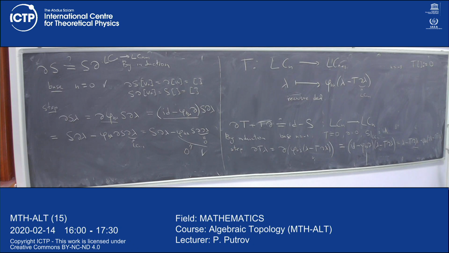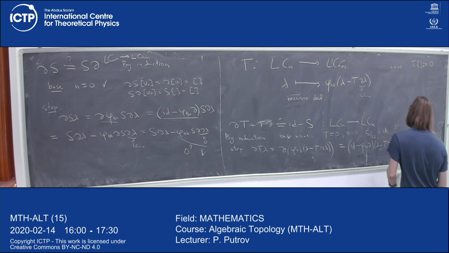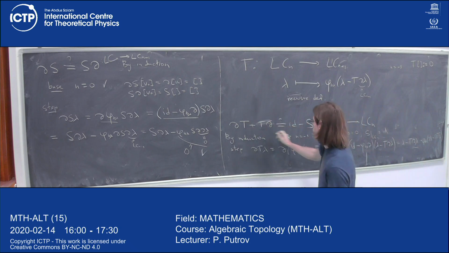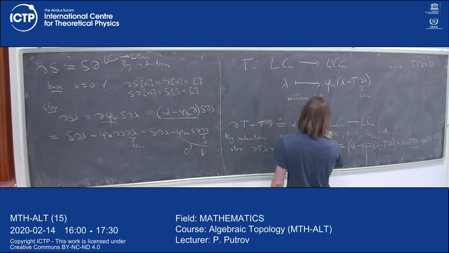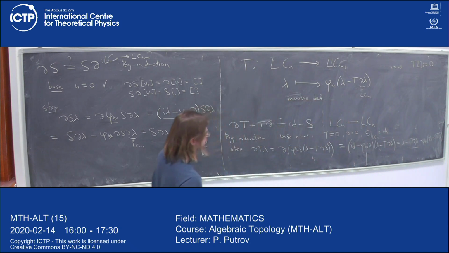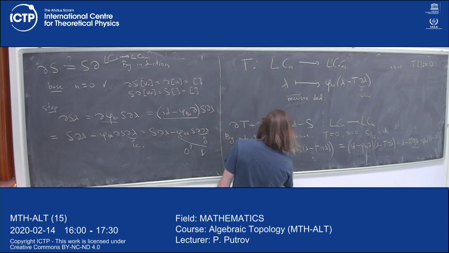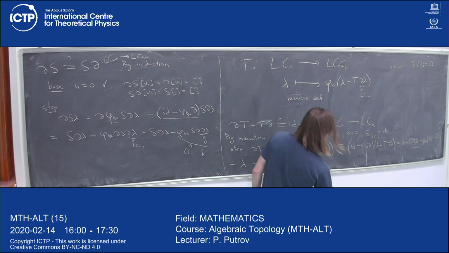And I want to use, so again, this is in LC n-1, so I can use my induction assumption. So for dt, I can use this formula. I assume this formula is already proved for LC n-1.